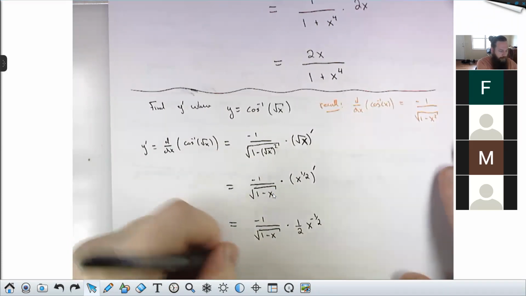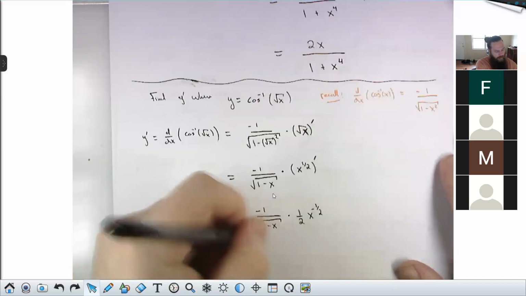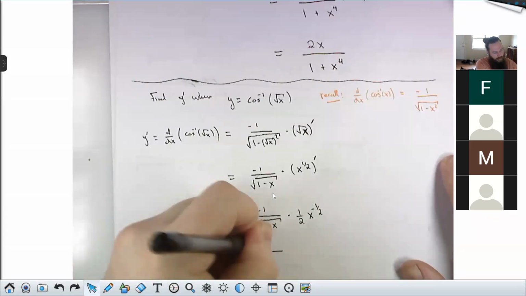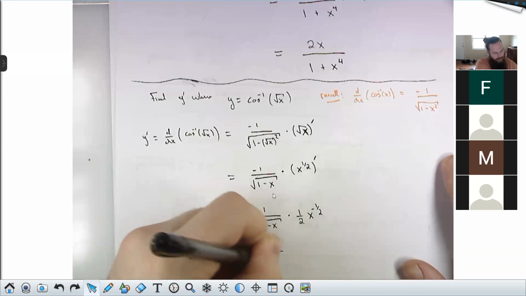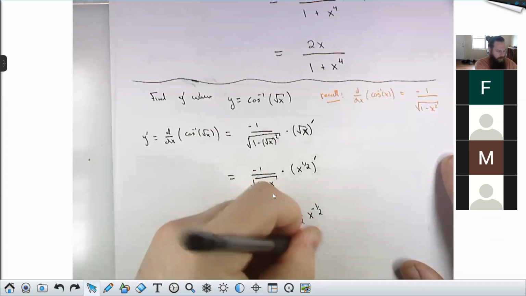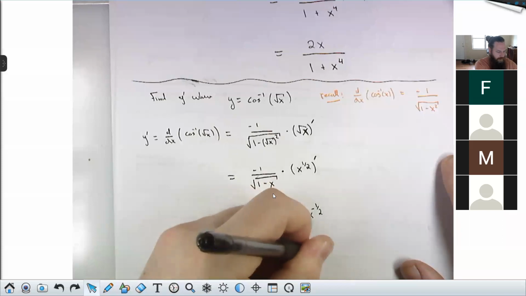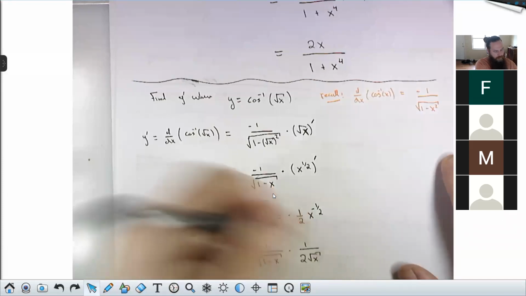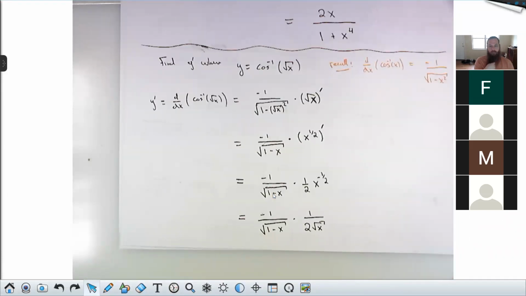If you want to clean it up, you can. The extra cleanup step looks like this: 1 over 2 square root of x. You could combine them into a single fraction if you wanted, but you don't need to.